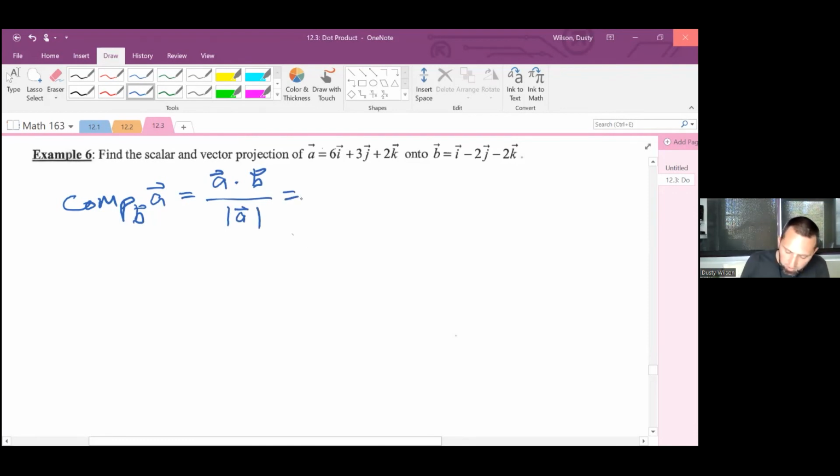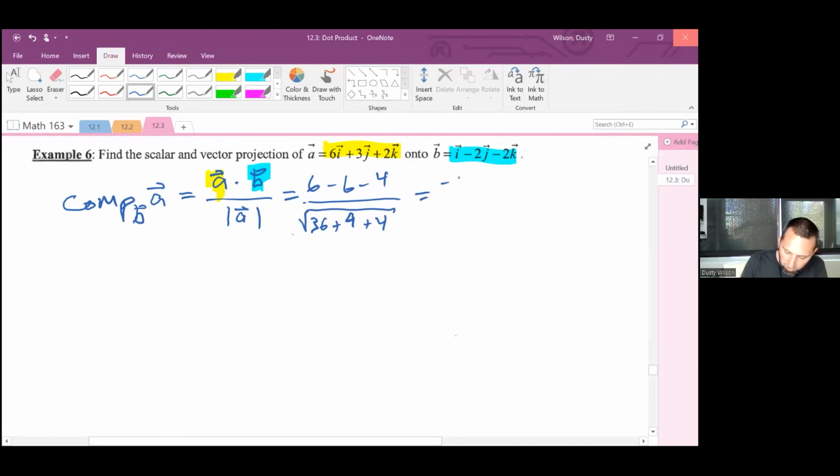So A dot B would be, let's see if we can color them, 6 times 1 or 6, plus 3 times negative 2, so that's minus 6, plus 2 times negative 2, minus 4, all over the magnitude of A, which would be the square root of 36, plus 9, plus 4.